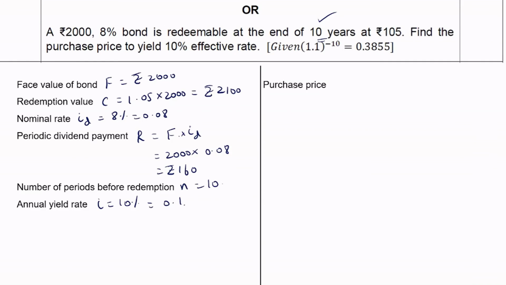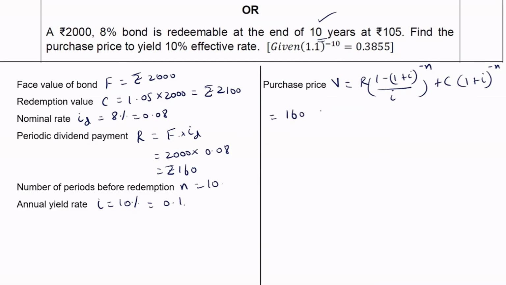So the purchase price V is equal to R into 1 minus 1 plus I the whole raised to minus N upon I, plus C into 1 plus I the whole raised to minus N. So this is the present value annuity factor and this is the present value of C. If we substitute each of these, we will be able to get the answer.